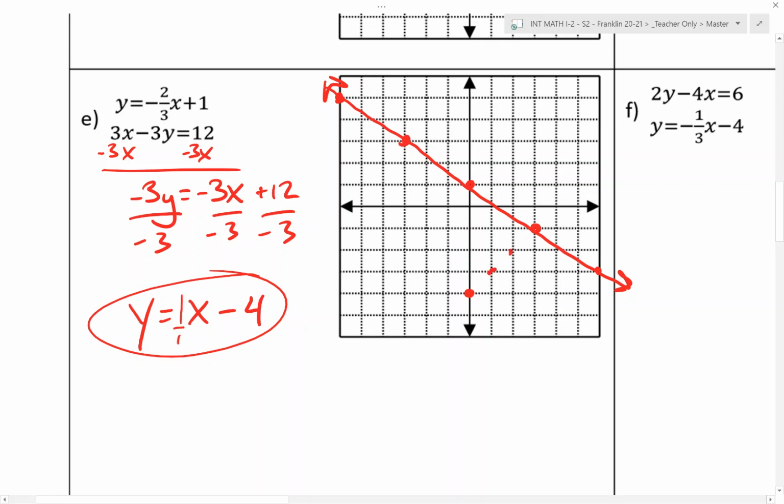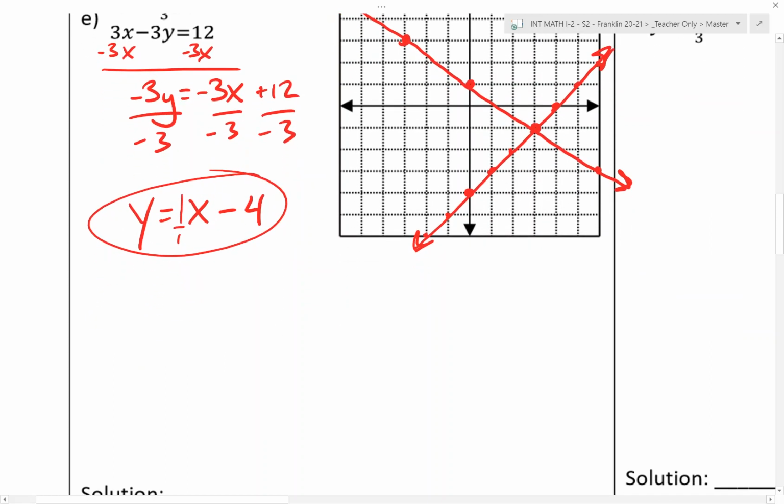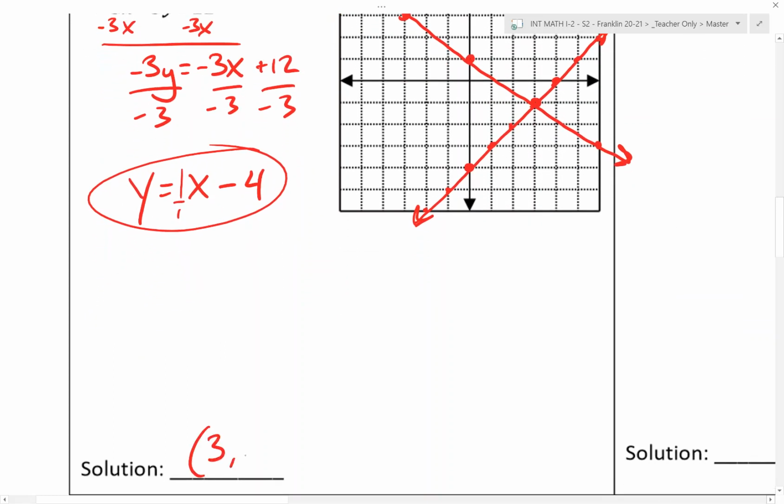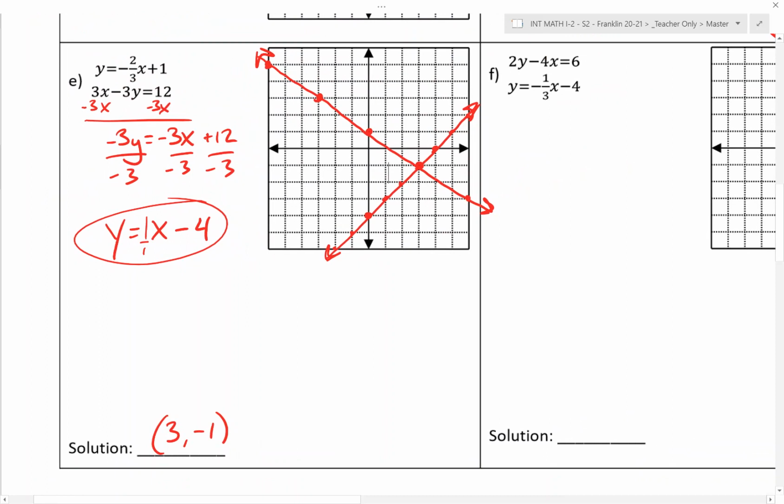So up 1 over 1 here. And the solution is the point 3, negative 1. Right there, 3, negative 1. So if your equation is not in slope-intercept form to begin with, you need to put it in slope-intercept form so that you can graph the equation on the same graph.